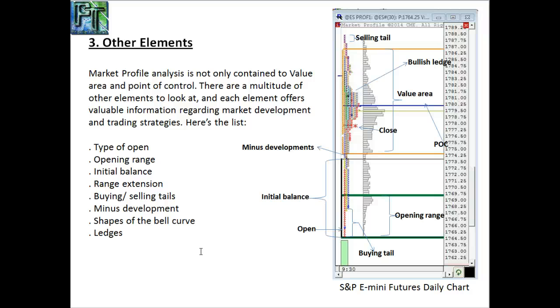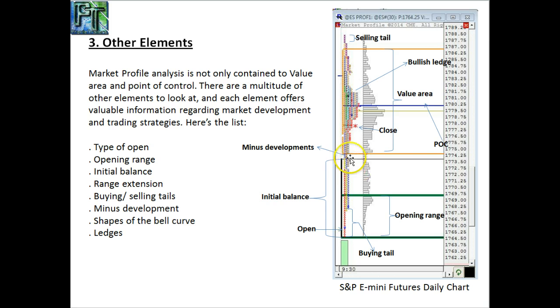If you have a rejection of the top and if you have a rejection of the bottom, it tells you that that top and that bottom is solid. A top or a bottom that doesn't have a tail or a rejection, those are tops and bottoms that are suspicious, and market can easily come back and revisit them. Then you are dealing with areas of minus development.